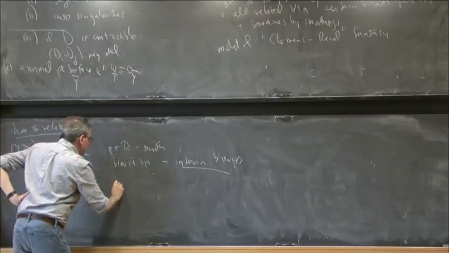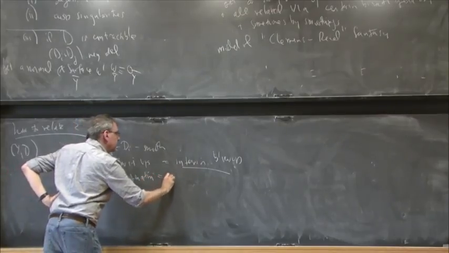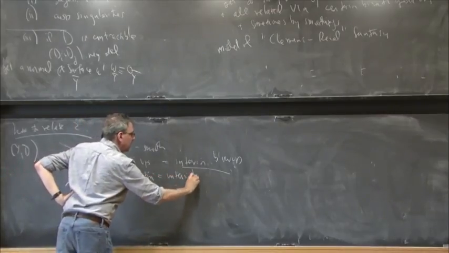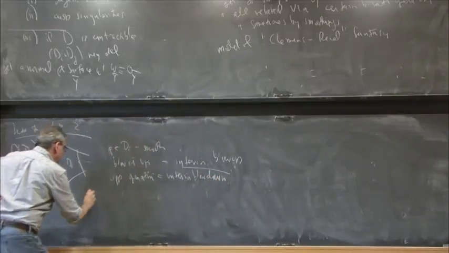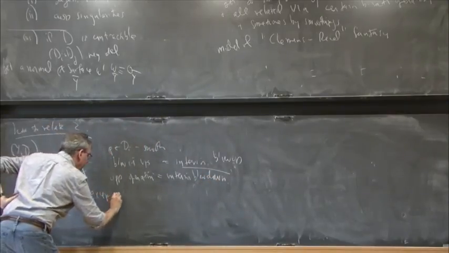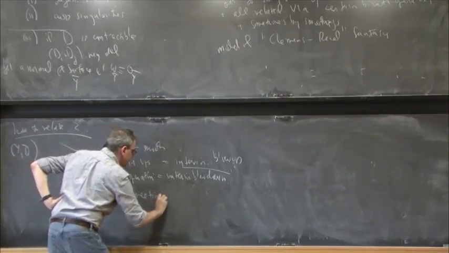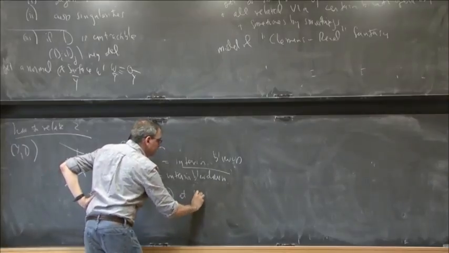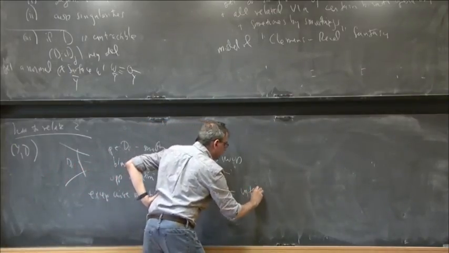And the opposite operation is an interior blow down. And in general, an exceptional curve meeting D at a smooth point will be an interior exceptional curve.